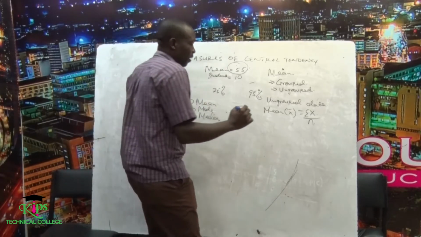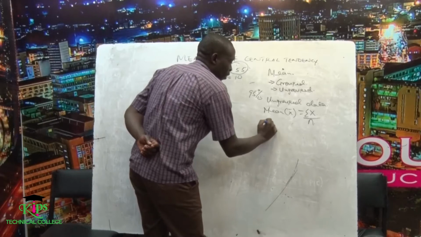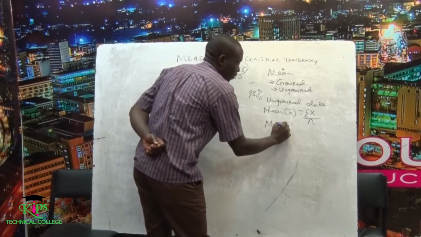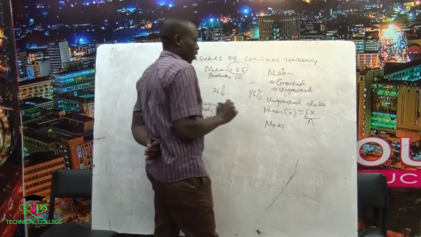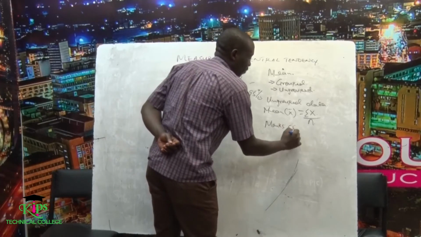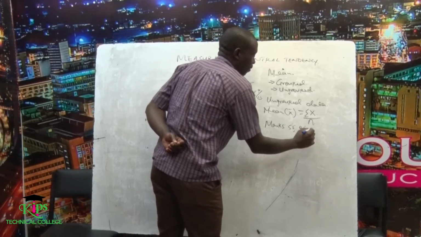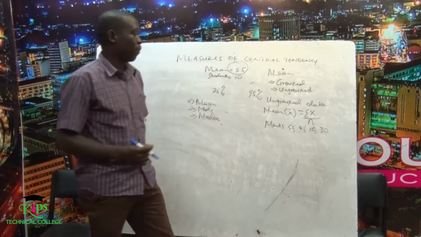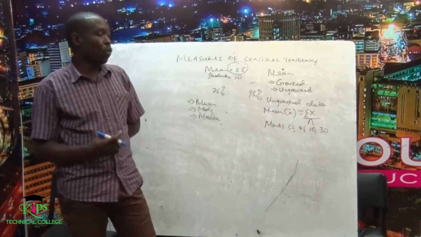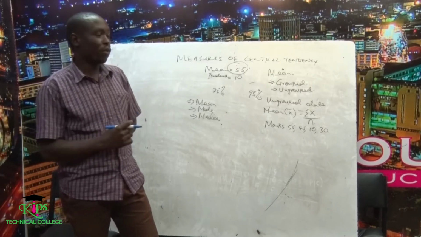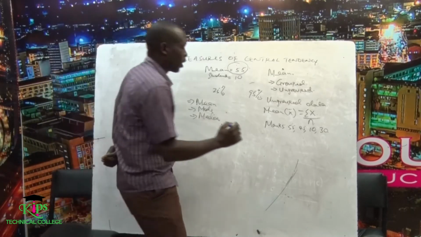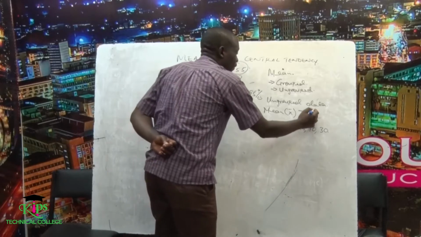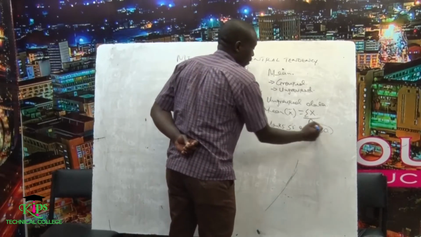So if we have a data of marks scored by students, 55, 45, 10, and 30, maybe there were only 4 students, and we are asked to calculate the mean, we get it by the sum of x. Remember, the x's are these values.